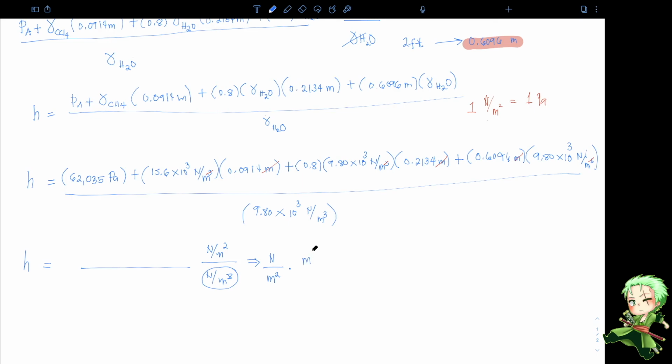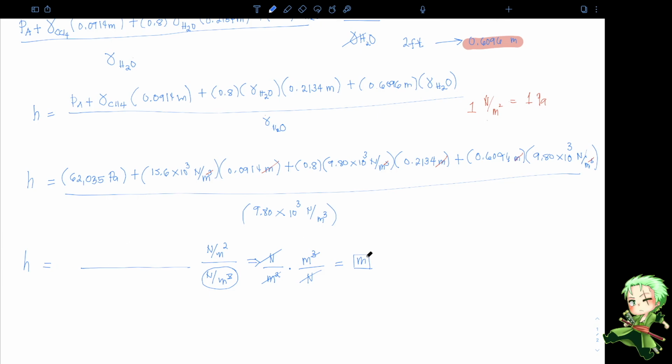The reciprocal of that is cubic meter per newton. So the newton will cancel out, the square meter will cancel out, leaving 1 meter. And so you have arrived with a unit of meter, which is what you desire for a unit of height.